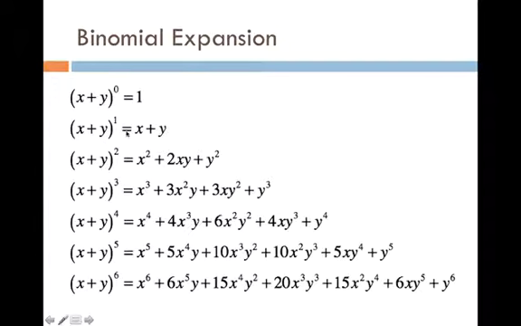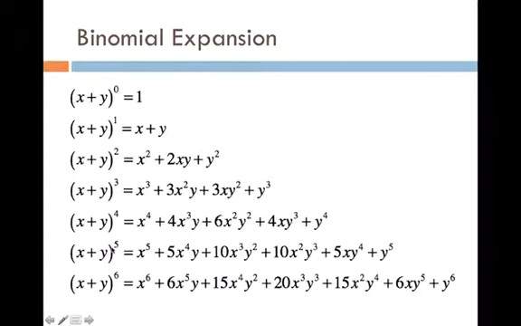If we look at what's going on here, we see that the first term of a binomial always starts off with the same power as the binomial itself, and then starts counting down: x to the fifth, fourth, third.